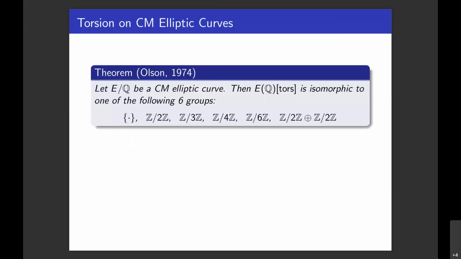Torsion for CM elliptic curves: in 1974, a result of Olson is that if E is a CM elliptic curve over Q, then the torsion subgroup is isomorphic to one of the following 6 groups. Sometimes you see these groups referred to as Olson groups.